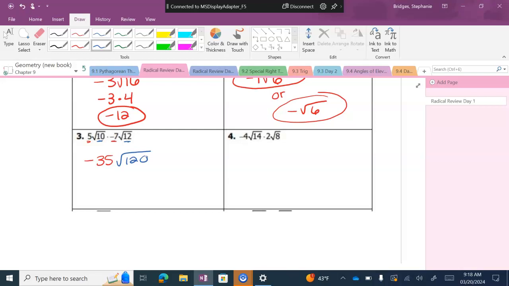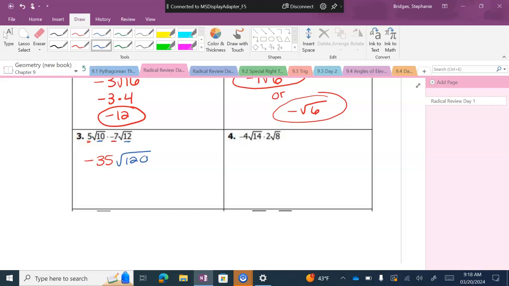No. So what I need to do now is try to find a perfect square that divides into 120 evenly. I start at 100, correct? Because that's the one closest to it. And I'm going to work my way backwards until I find one of those numbers that divides into 120. If none of them do, then I can't simplify.